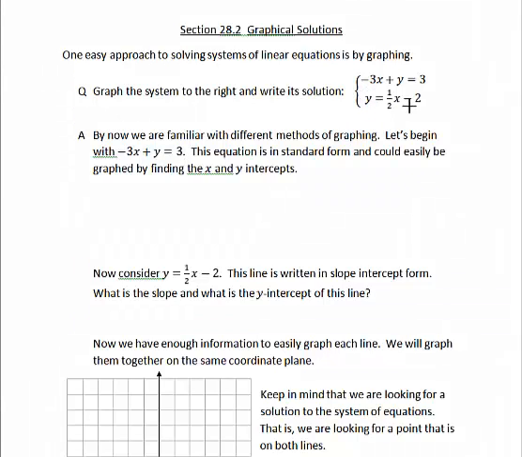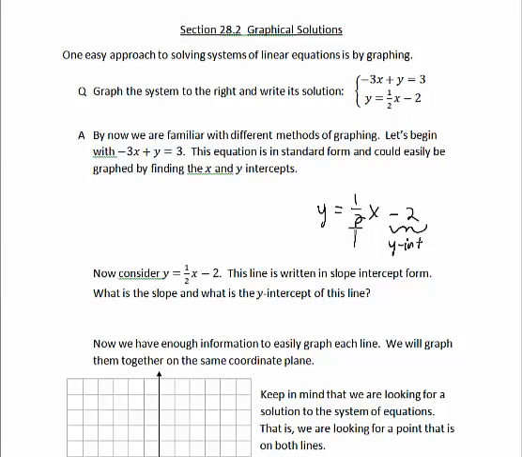The second equation, y equals 1/2 x minus 2. It's already set up for us to graph it. This is the easiest format in that we have already a point on the line, our y-intercept, it's negative 2.